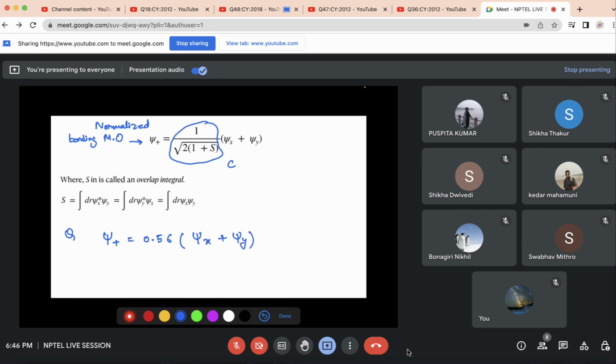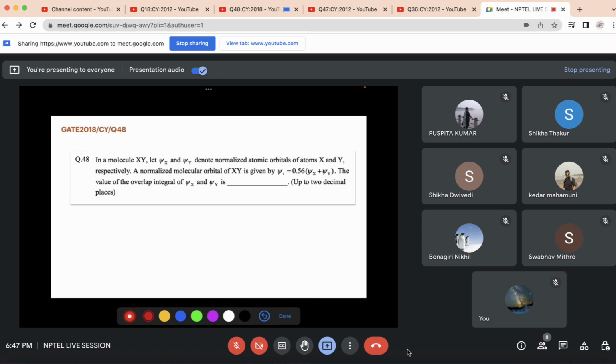So when we compare these two expressions, we know that 0.56 is equal to 1 upon under the root 2 into 1 plus S. Here we have to find the overlap integral, and overlap integral is capital S. So after solving, S is equal to 0.59. So the answer is, the value of the overlap integral is 0.59.